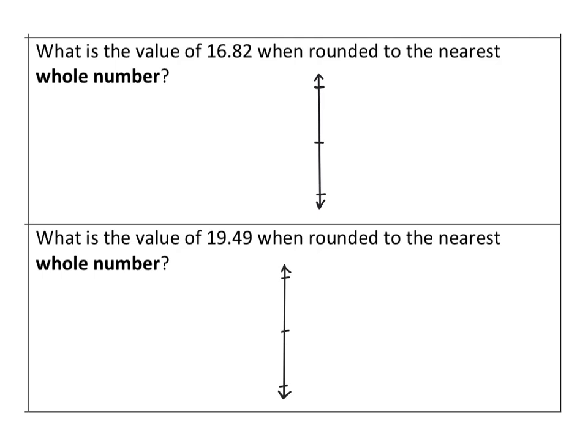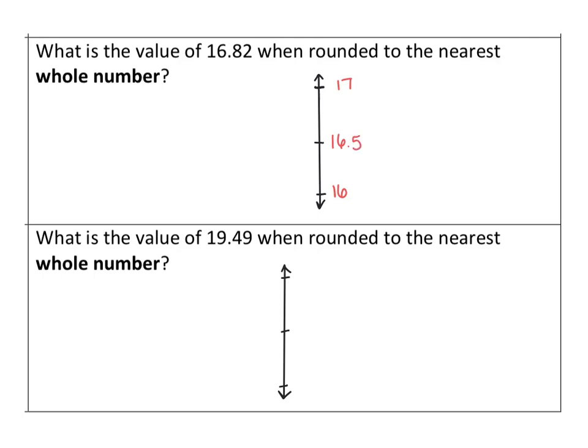Okay, now we're going to check our work. The whole number in this number, 16 and 82 hundredths, is 16. So you're either going to round down to 16 or up to 17. And then what's halfway between 16 and 17? 16 and a half.